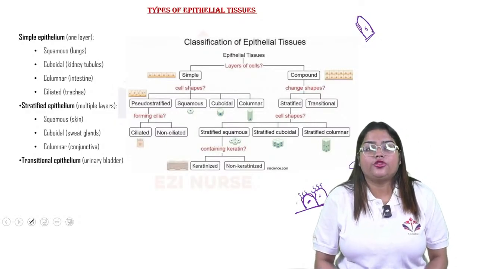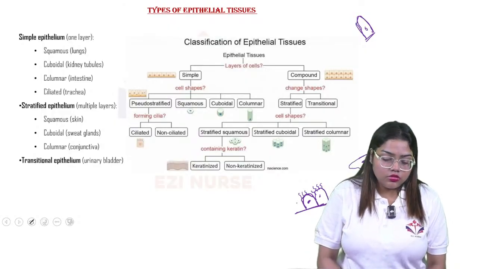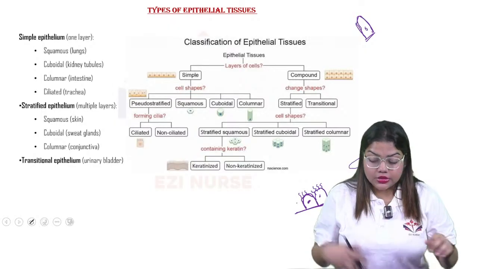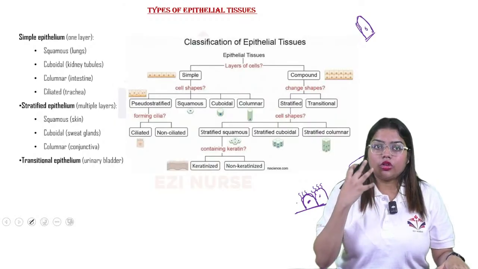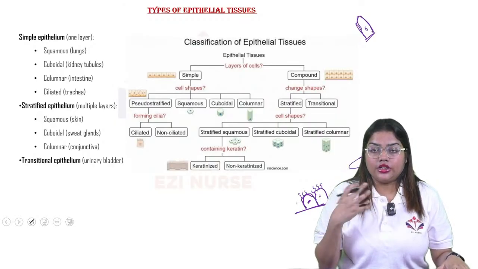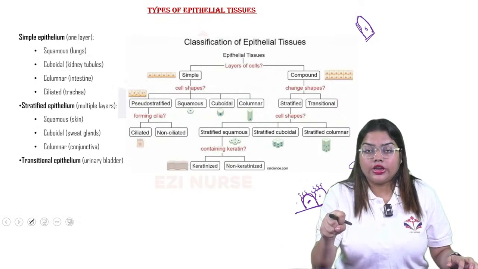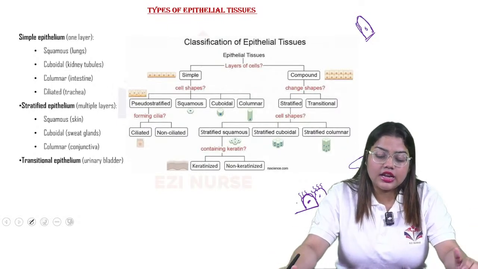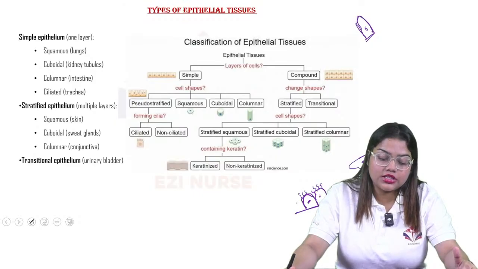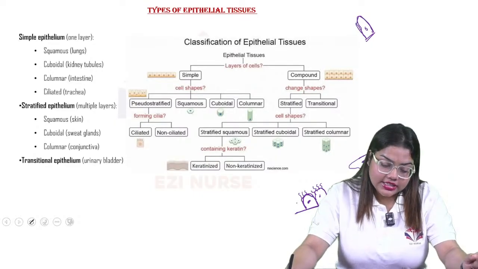We can see it in the trachea, and it is good for the absorption of nutrients and for attaching to things. So these cells are mainly seen in the trachea. Columnar cells are seen in the intestine.